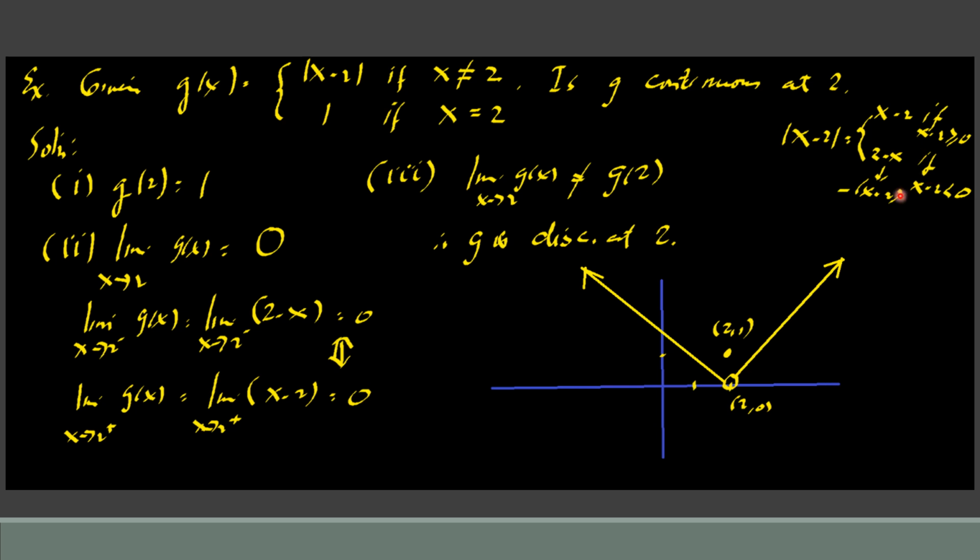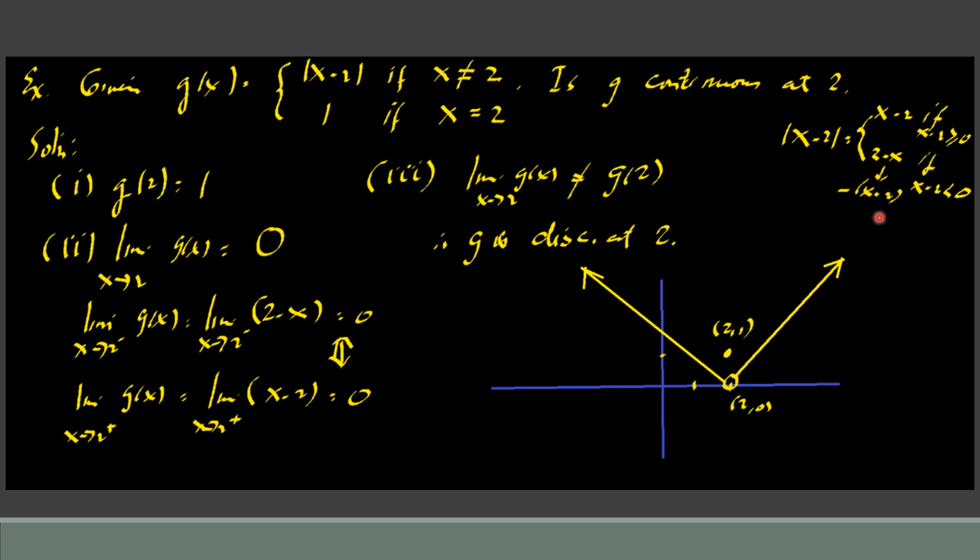So if x is approaching 2 from the left, that means that x is less than 2. And for x less than 2, that falls under x minus 2 less than 0. Our absolute value of x minus 2 is the negative of x minus 2.